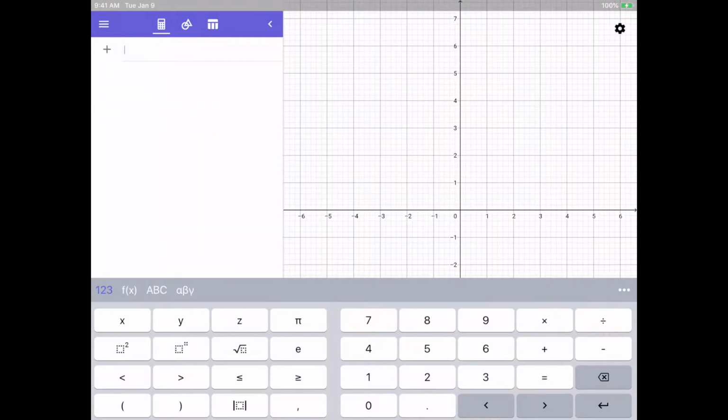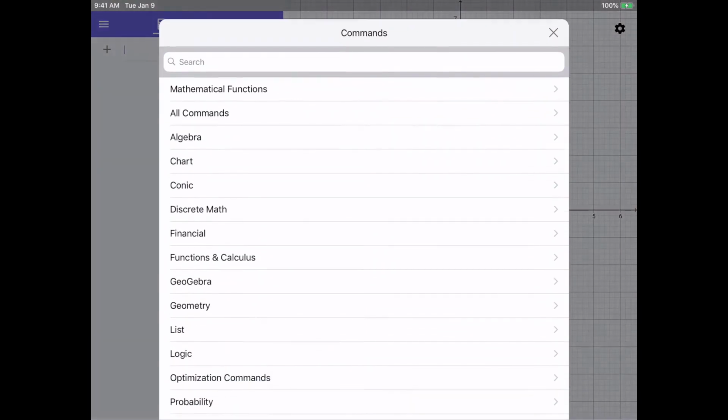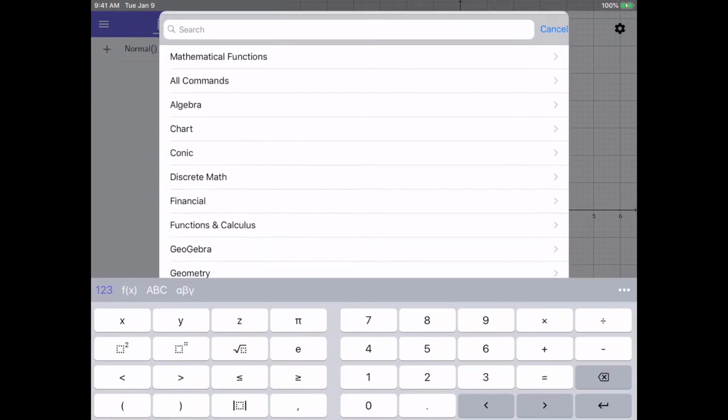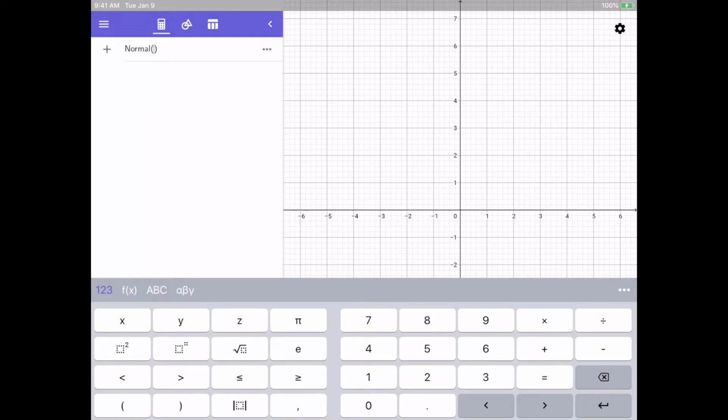So here's our calculator. I'm going to click the 3 dots at the top right of the keyboard, and I'm going to search for normal since we need the normal command. The mean was 25. Our standard deviation was 3 divided by square root of 20. And the value we're looking for was 26.